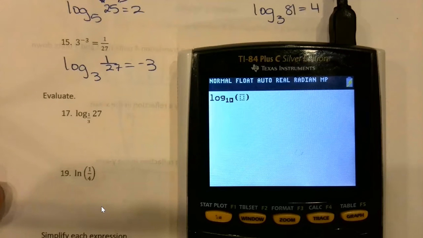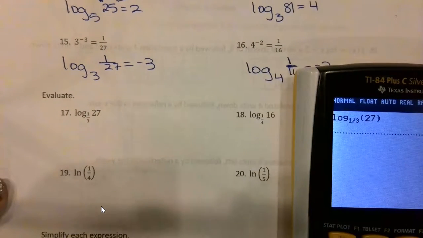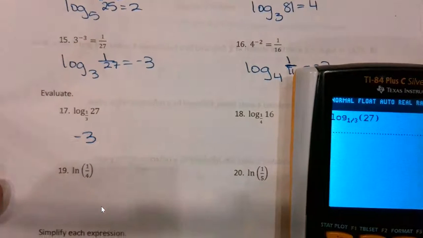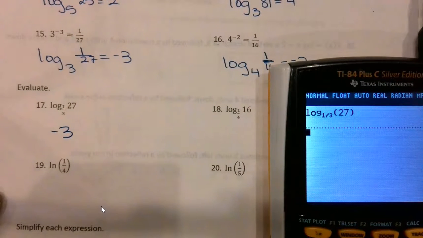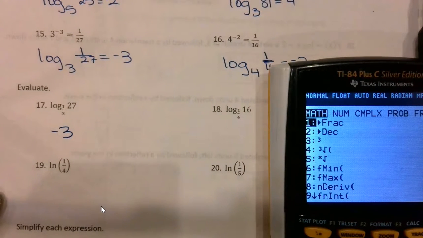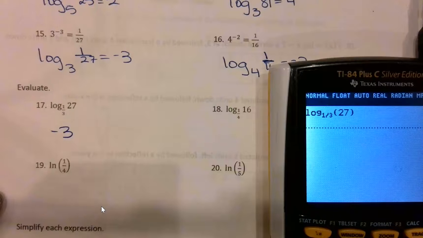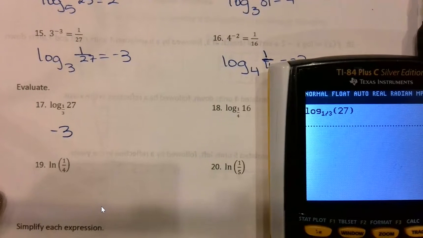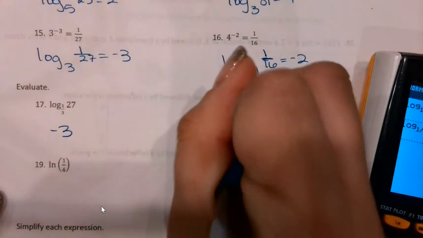I type in my log base, which is 1/3, and then I type in 27, which gives me negative 3. I'm going to do the same for log base 1/4 of 16. So I go math, down to log base 1/4, and then I type in 16, which gives me negative 2.